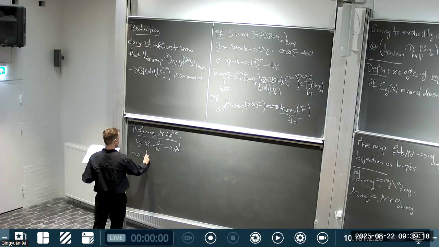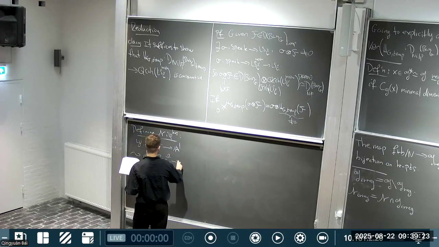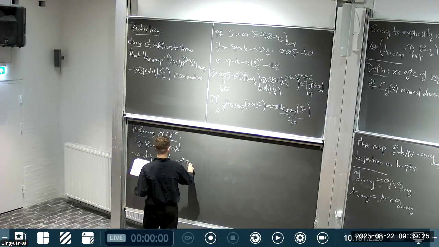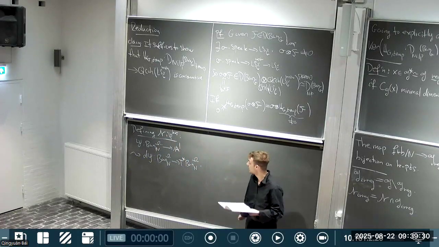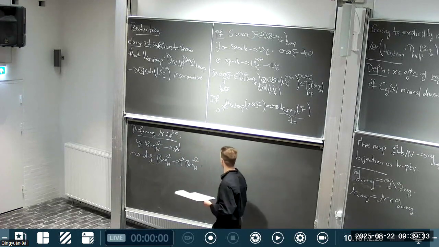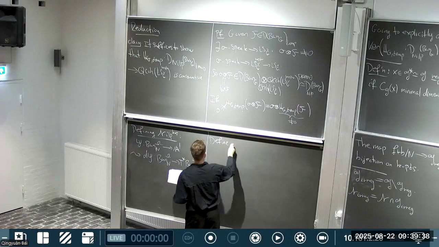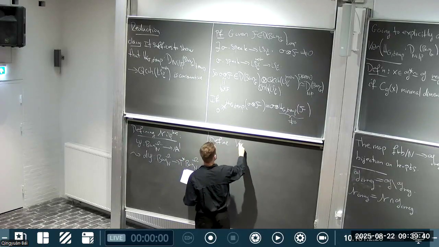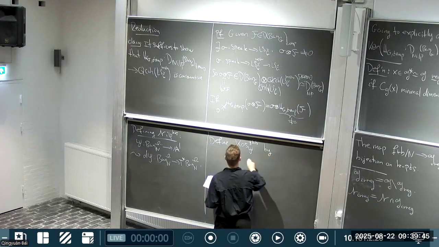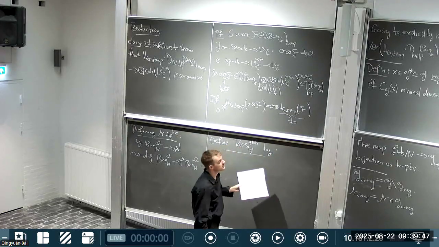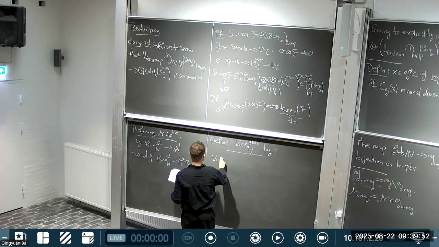This gives us a section of the cotangent bundle. Let's define the global Kostant section in a similar way, by the same requirement as on the board, by sitting in the following Cartesian diagram.